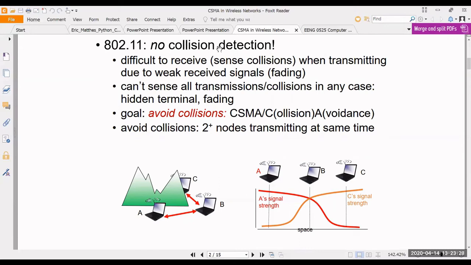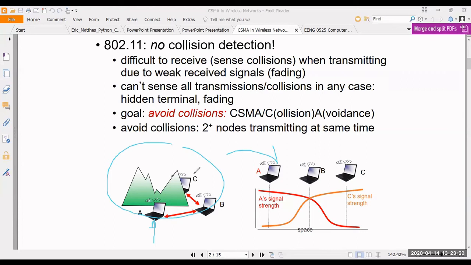So let me bring the pen. Look at the system. You can see that A is wireless. They are communicating using the wireless channel. We can have B here, and we can have C here, right?